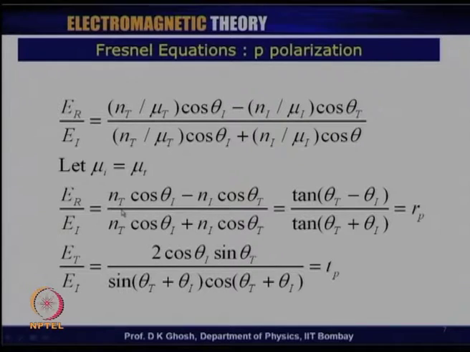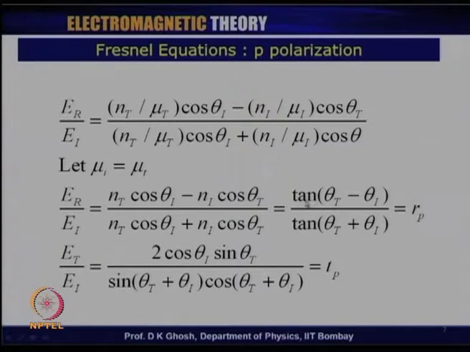And if you remember Snell's law, that is sin theta I by sin theta r is n t by n I. Using all that, you can prove it with very straightforward algebra. I am not going to do the trigonometry.